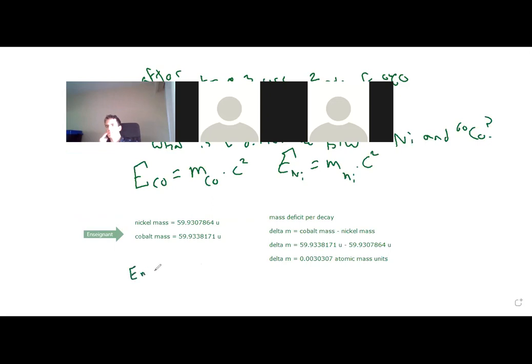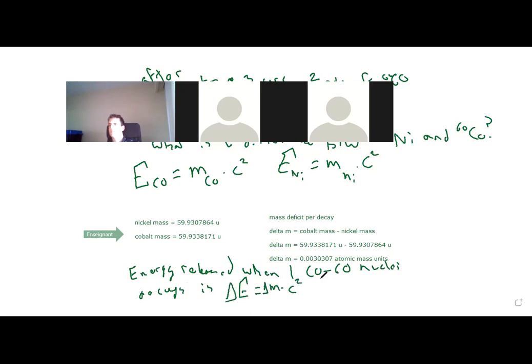So then the energy released when one cobalt 60 nucleus decays is literally the difference in mass energy, in rest energy, I mean. So that's going to be the energy release, delta E, equal to delta M times c squared.